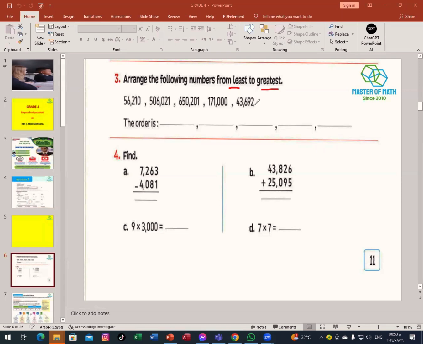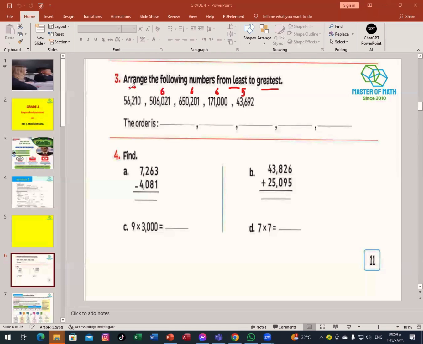Let's solve. 1, 2, 3, 4, 5. So it contains 5 digits. 1, 2, 3, 4, 5, 6. This number contains 6 digits. 1, 2, 3, 4, 5, 6. It's 6. 1, 2, 3, 4, 5, 6. 6. 1, 2, 3, 4, 5.